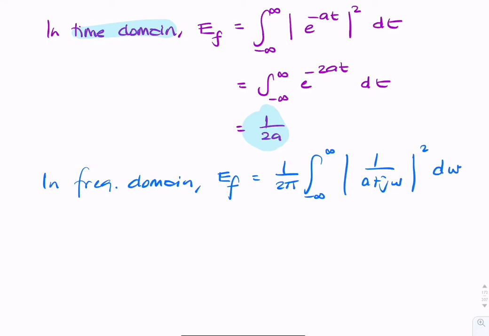So let's take a second to find the magnitude or the modulus of 1 over a plus j omega. We can simplify this by multiplying by the complex conjugate. So we'd have 1 over a plus j omega times 1 over a minus j omega.